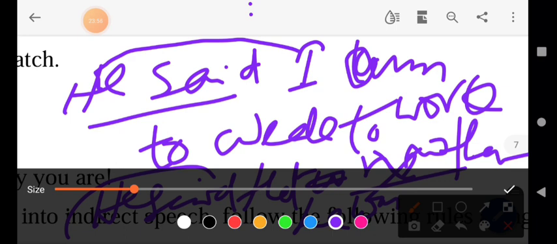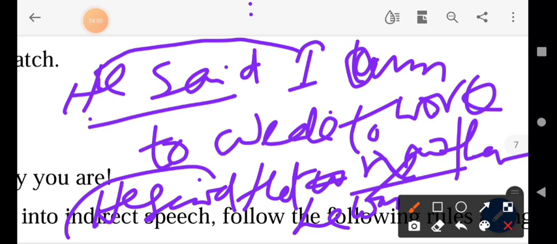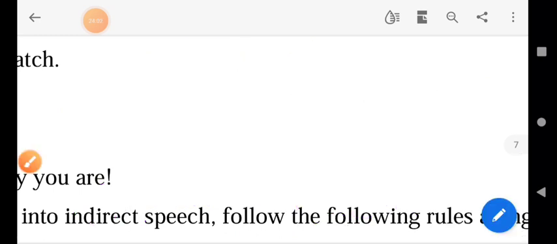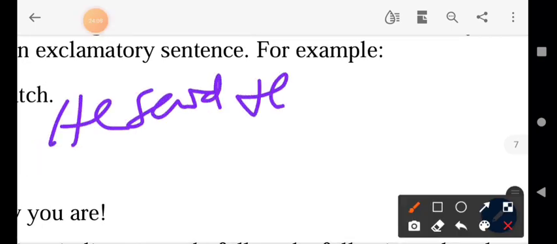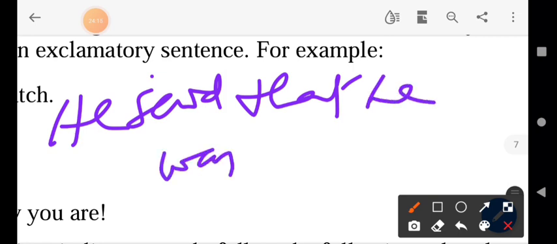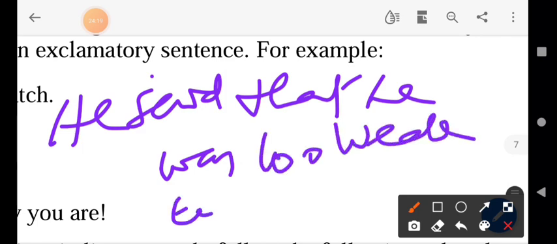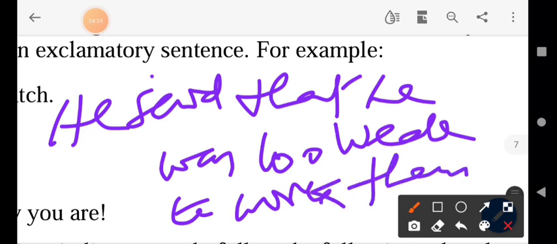The right sentence here is, my dear students: He said that he was too weak to work then. What changes have taken place?